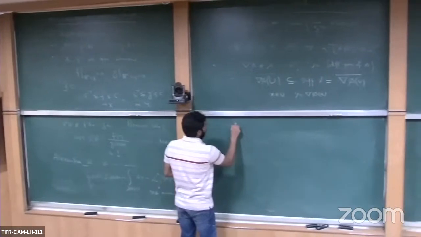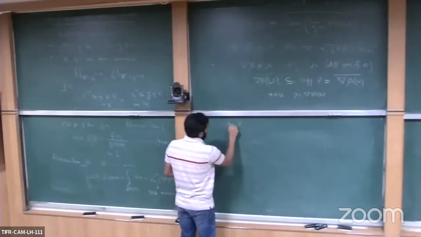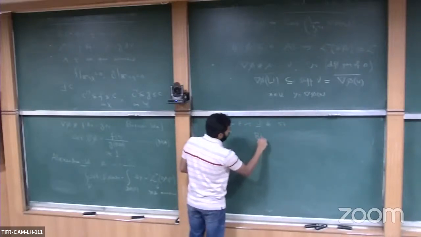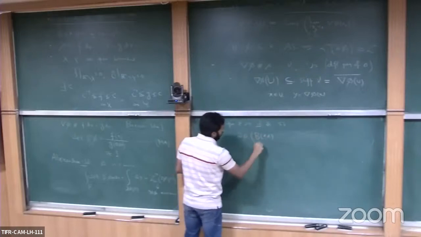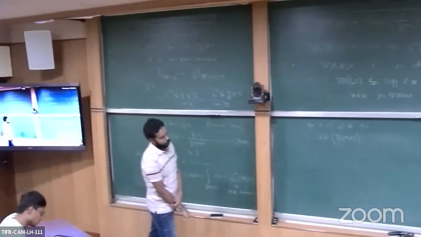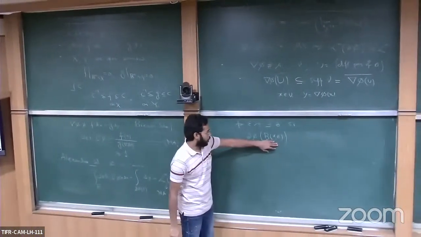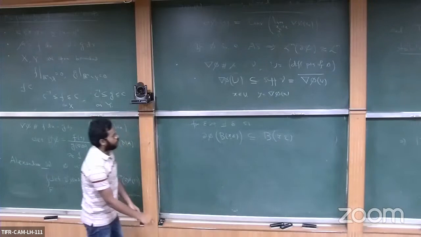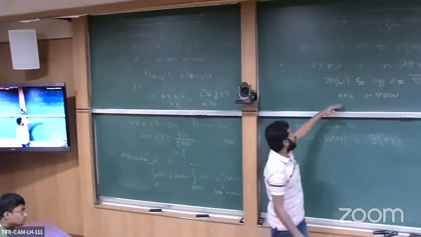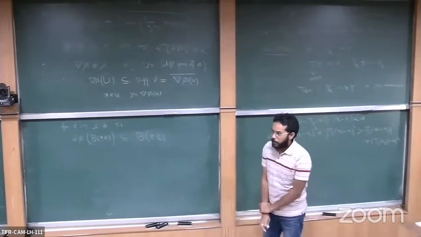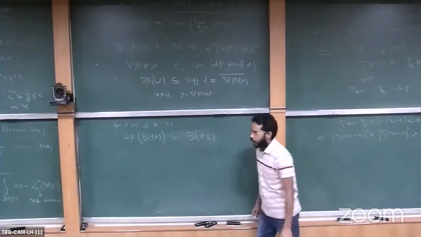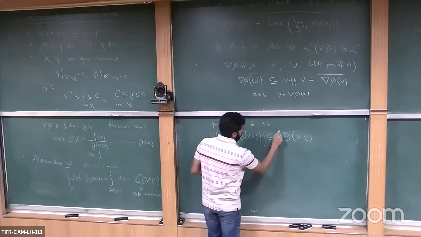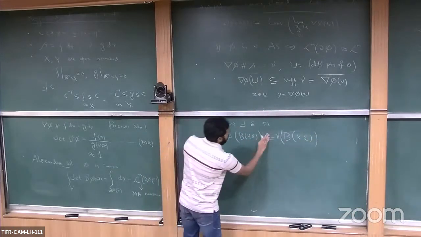So given a point x, for every epsilon positive, there exists a delta such that if you compute the subdifferential of φ around this point, it cannot deviate too much from the subdifferential at the point x, which I'm assuming is a point of differentiability. So the subdifferential in a neighborhood cannot deviate too much.